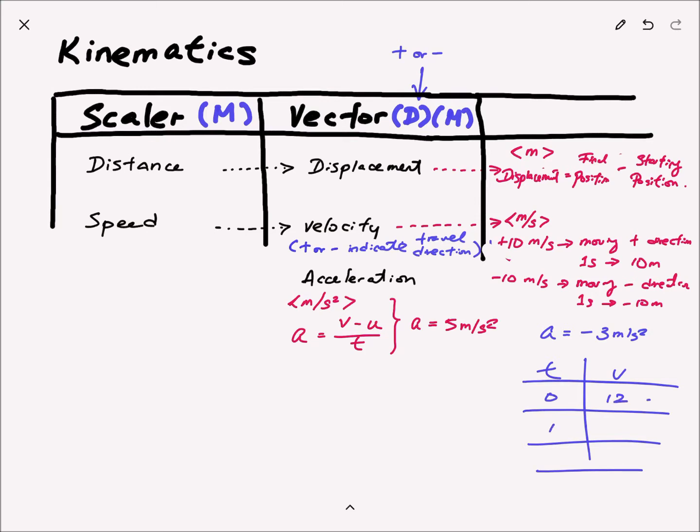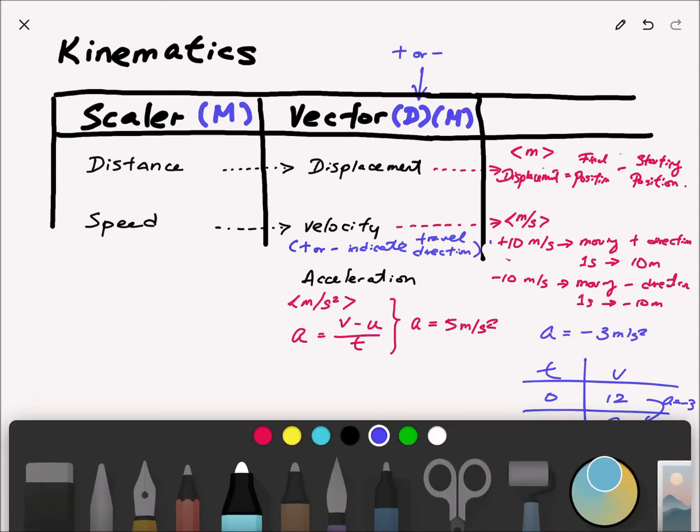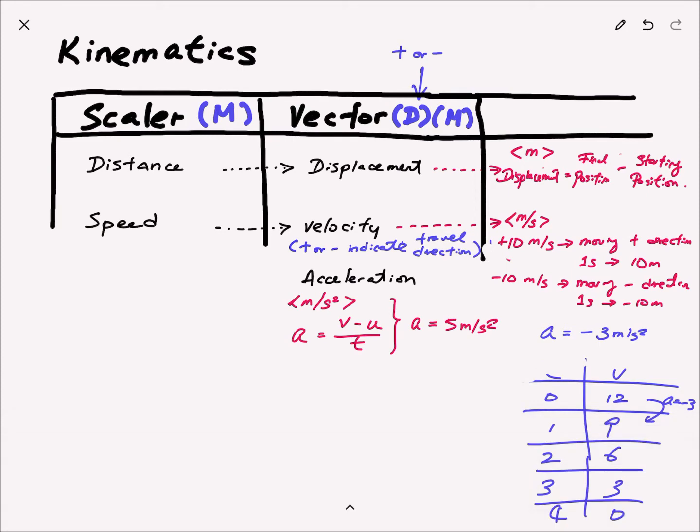After 1 second, it will be 9. Then after 2 seconds, it will be 6. After 3 seconds, it will be 3. After 4 seconds, the object will come to a stop.